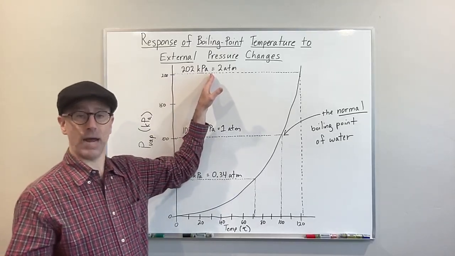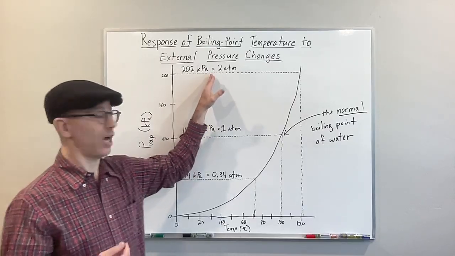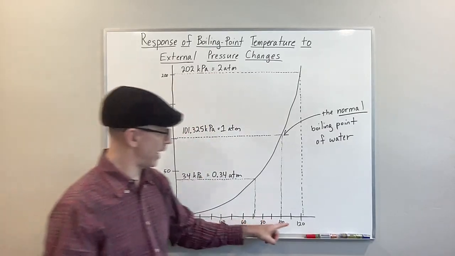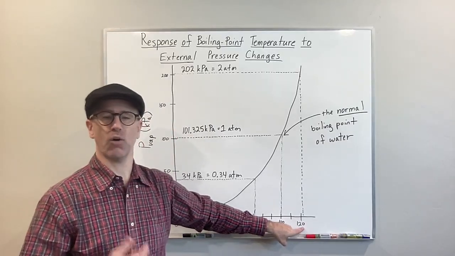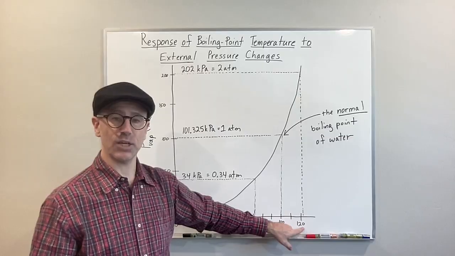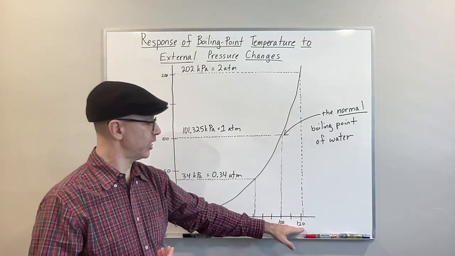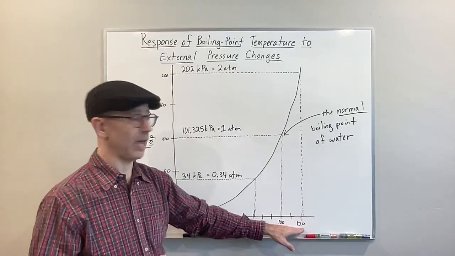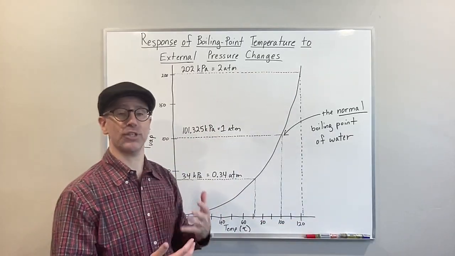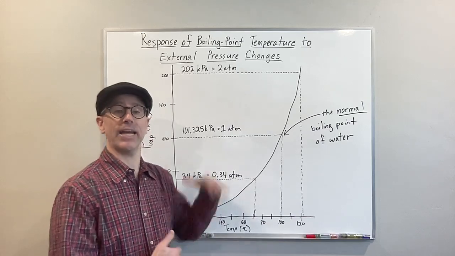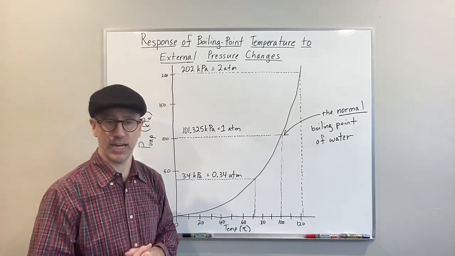At 2 atmospheres, you could get the water to boil at a higher temperature, a little bit over 120, like 122 degrees Celsius. So your water will boil at 120 degrees Celsius at that higher pressure inside the pressure cooker. So you can actually get your food to cook at a higher temperature, and therefore you don't have to cook it as long.